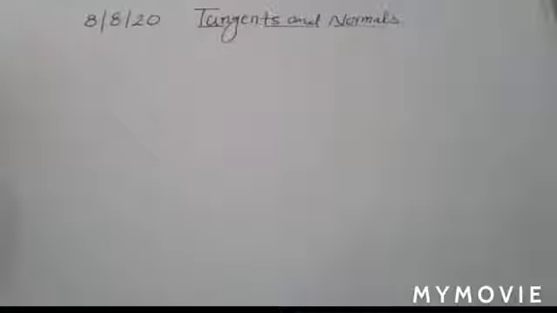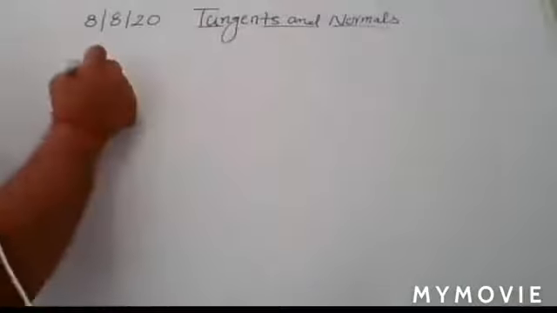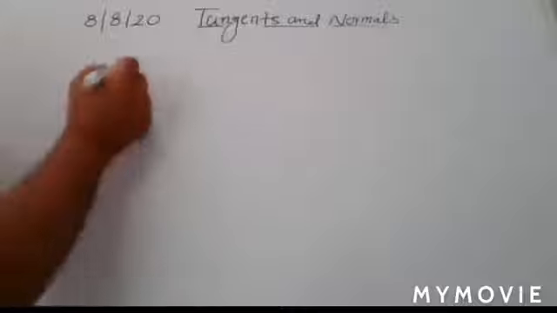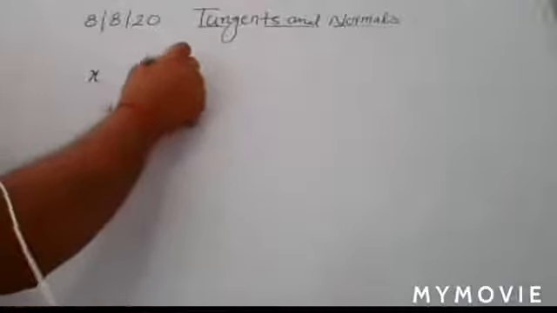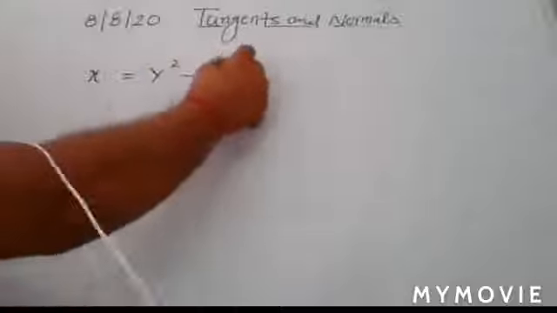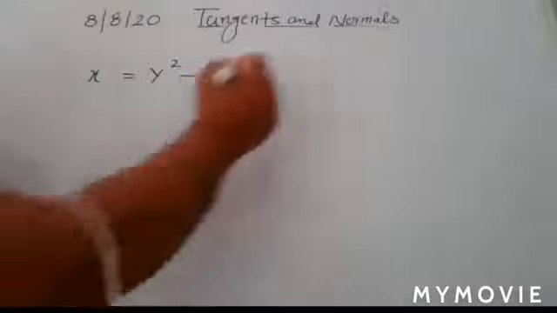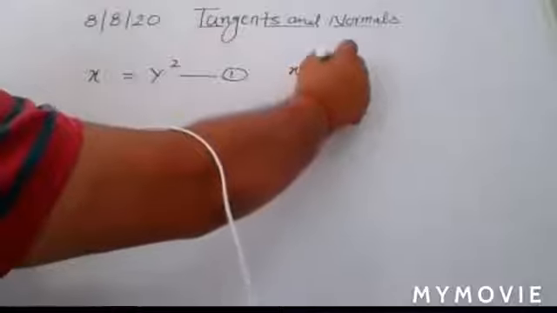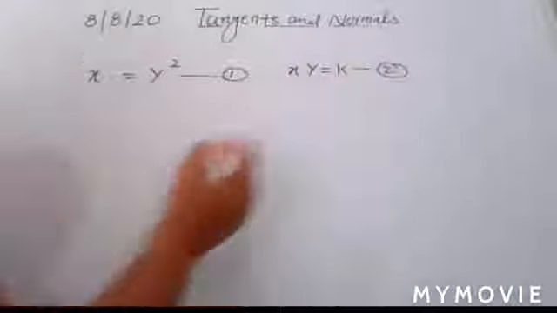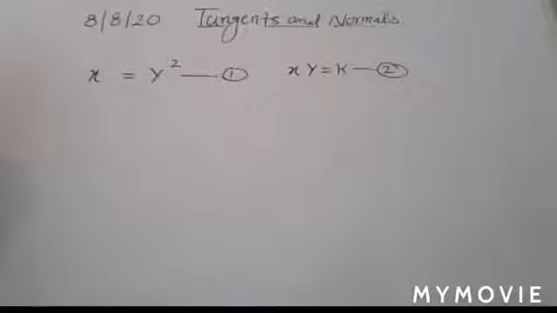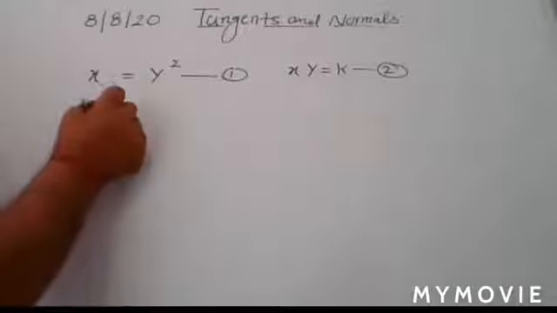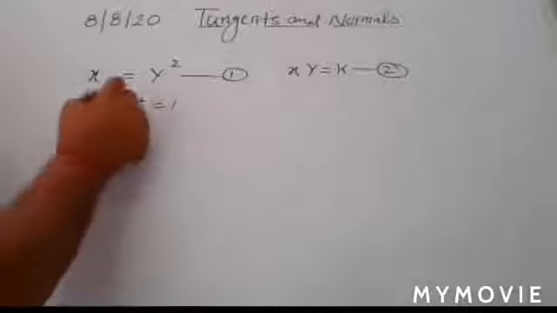Show that the curves x is equal to y square, that is your first curve, and xy is equal to k, cut at right angles if 8k square is equal to 1.